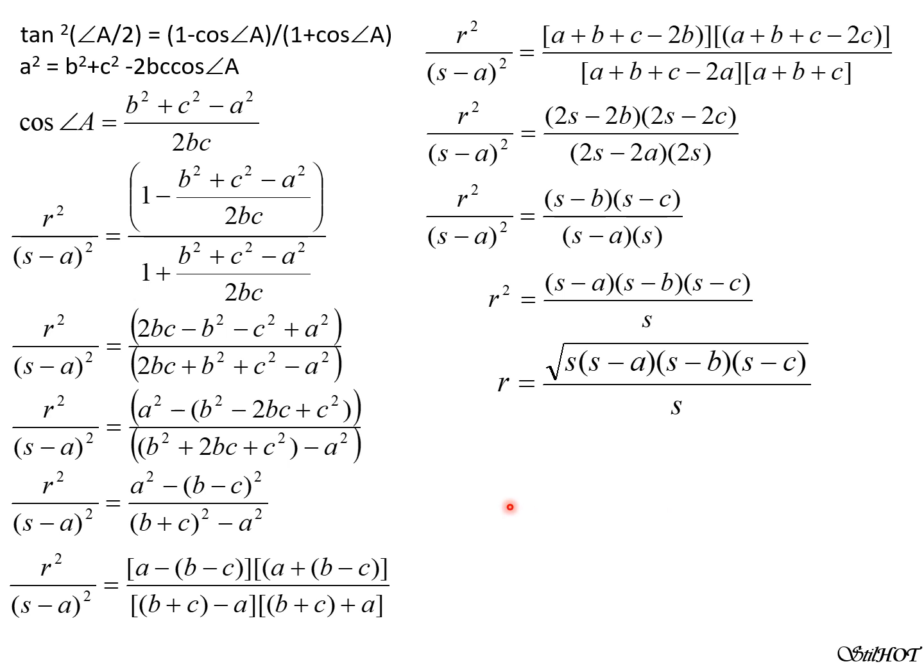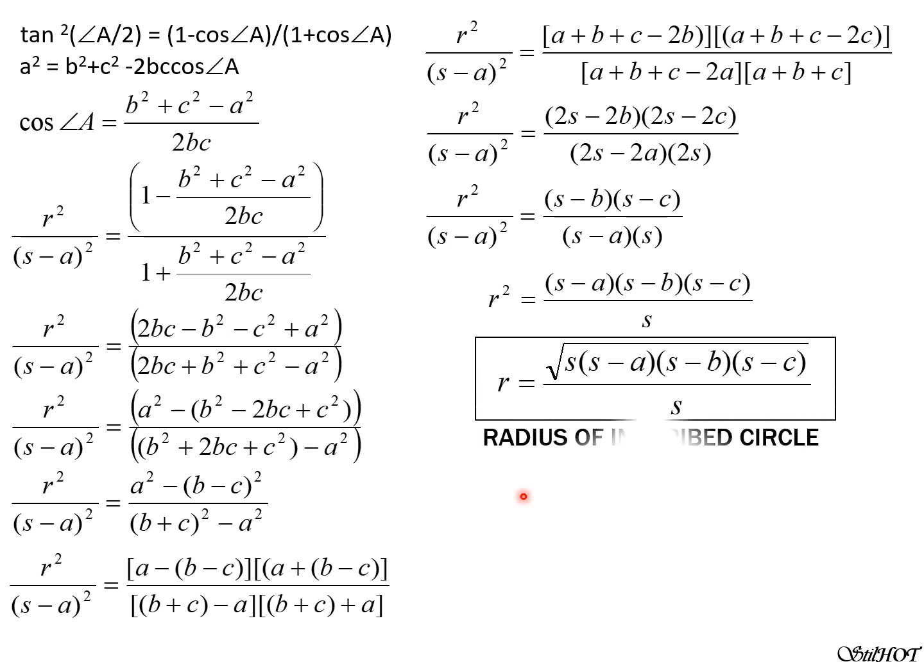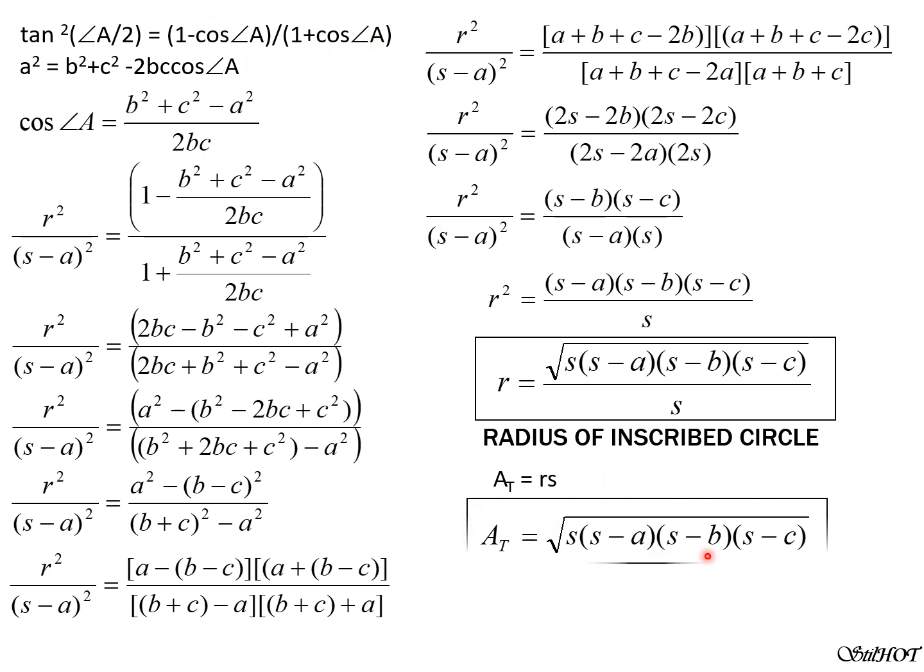Then since area is rs also, take note that we derived area equals rs before. Then we replace r by that, so we can cancel s. So this is now Heron's formula. Area of triangle is the square root of s, quantity s minus a, s minus b times s minus c. Call that area formula 6, Heron's formula.